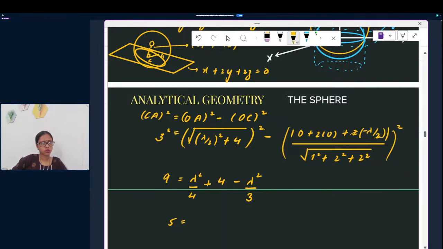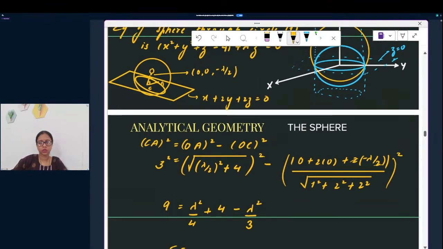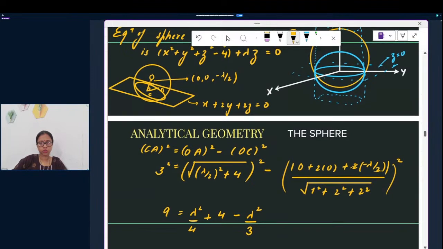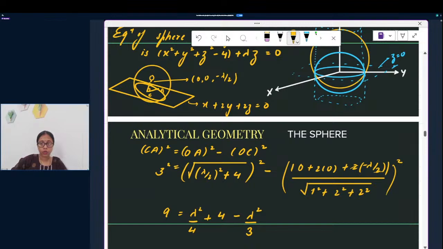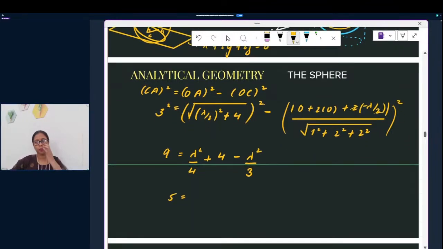I've done something wrong. This is lambda by 3. Oh, okay. But the square root is cancelled, no? Oh, this 3.